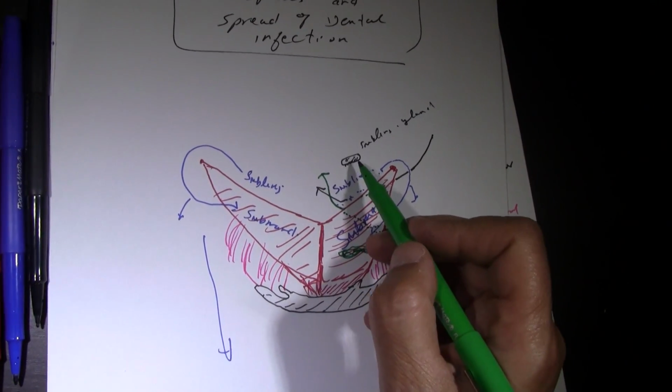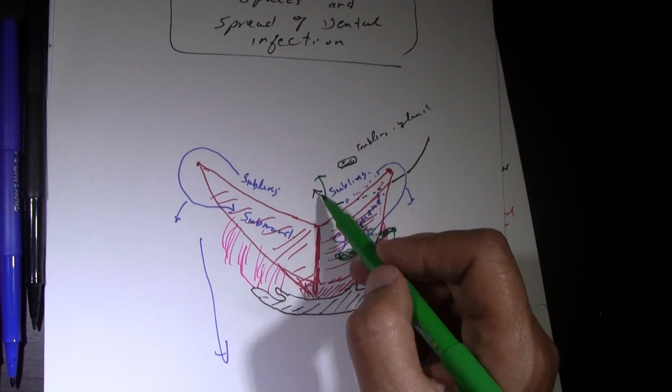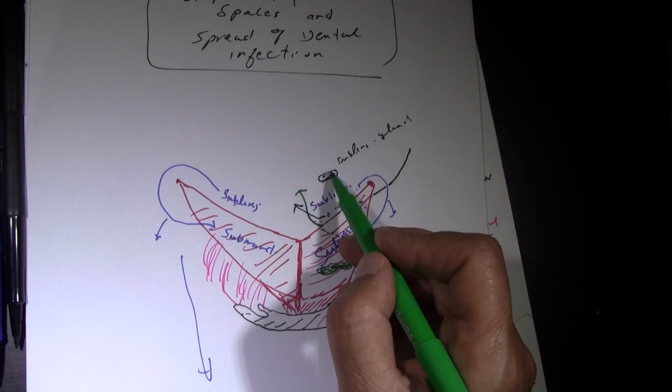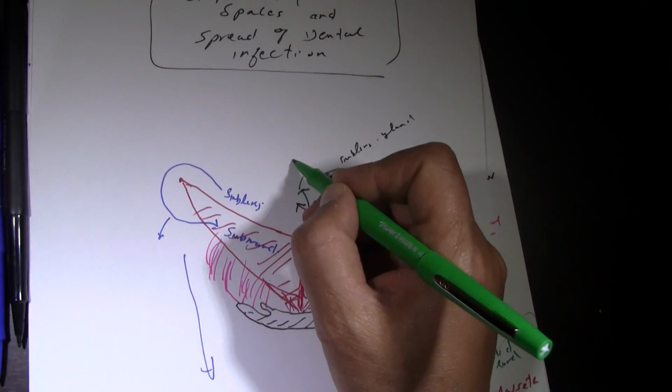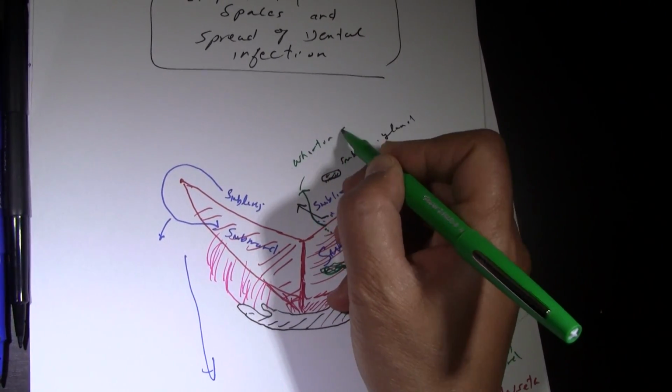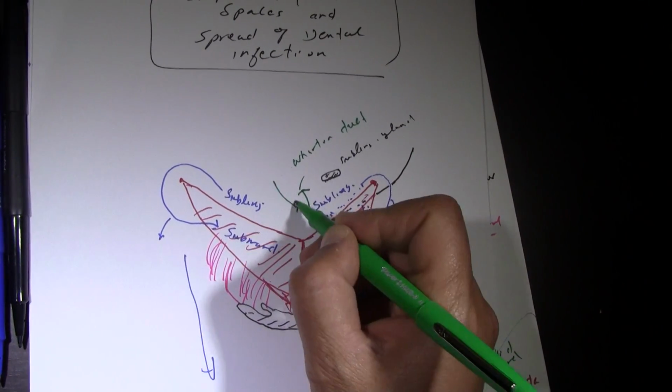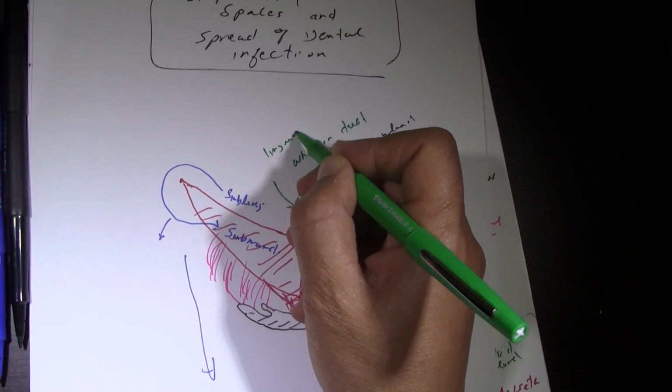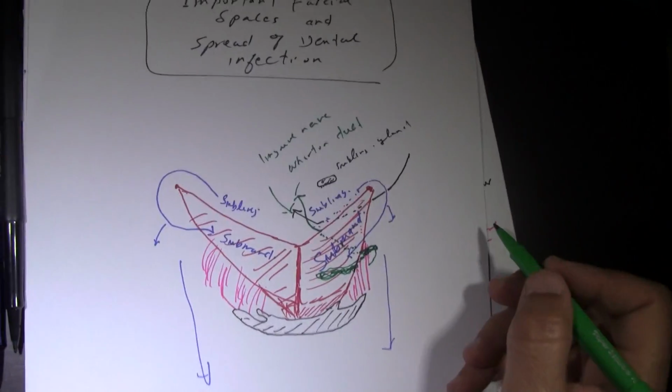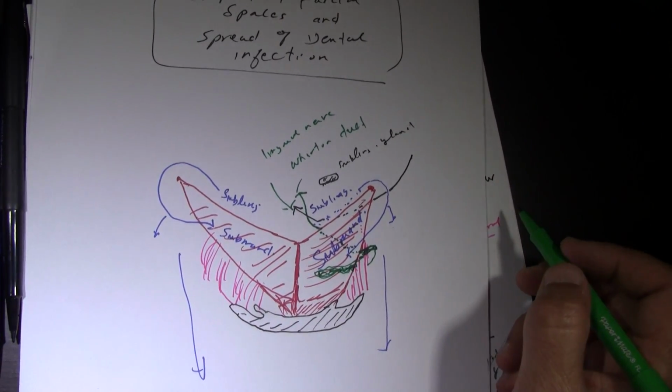So at the end of the day, if I ask you what are the structures located in the sublingual space, you will see the sublingual gland, Wharton duct, and lingual nerve. Also you will see terminal branches from the lingual artery.